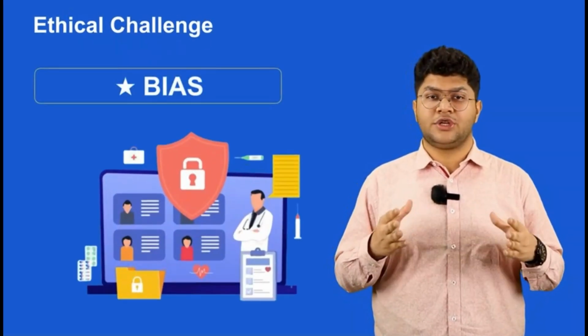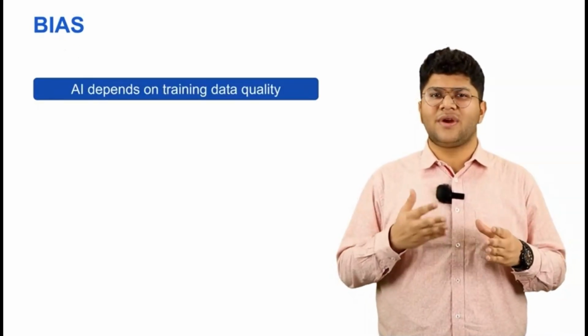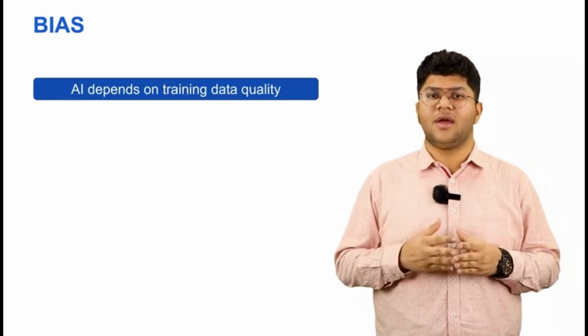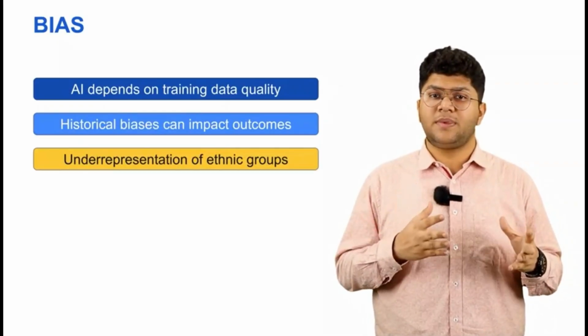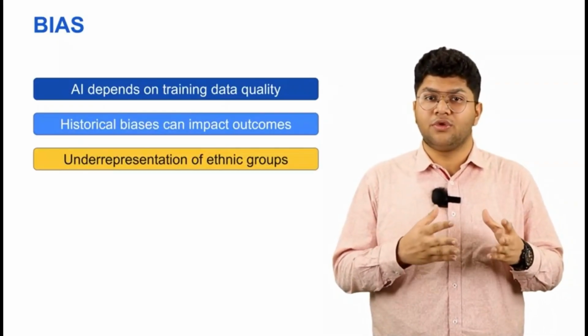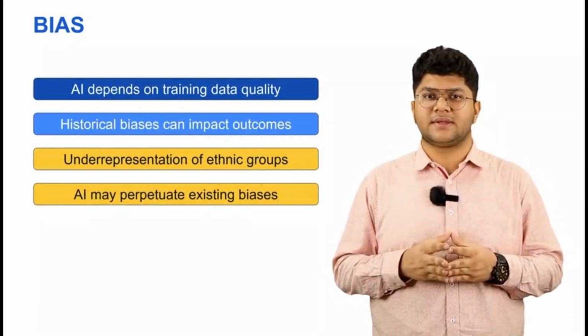Another pressing ethical issue is bias in AI systems. AI is only as good as the data it is trained on, and if that data reflects historical biases, such as underrepresentation of certain ethnic groups or genders, AI can inadvertently perpetuate those biases.